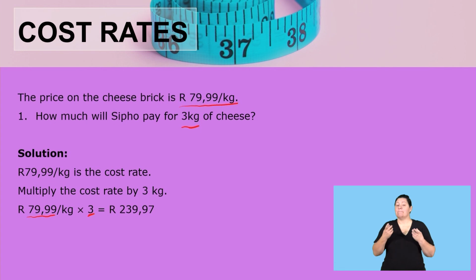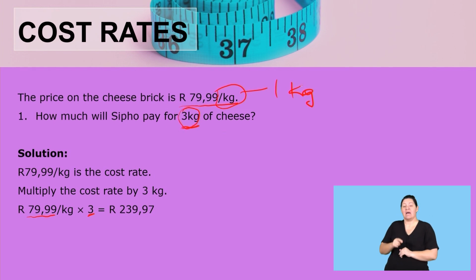So this is the price for 3 kilograms of cheese. Remember, if we say per kilogram, the implication is that this is the price for 1 kilogram. So if the number of kilograms increases, you need to multiply this price by the number of kilograms.